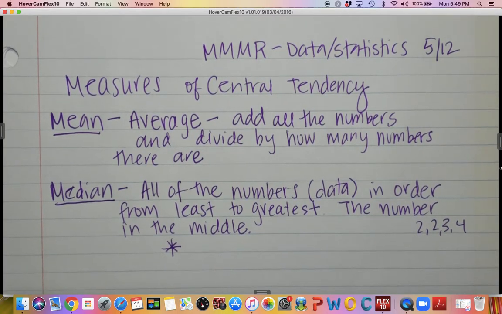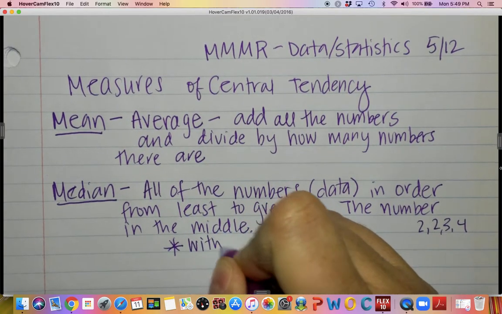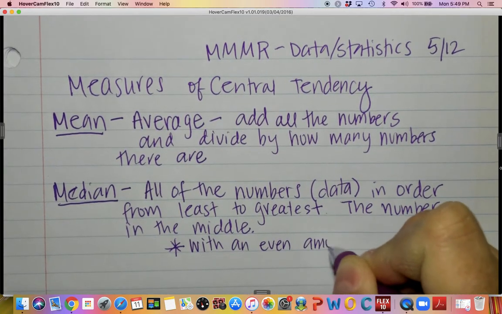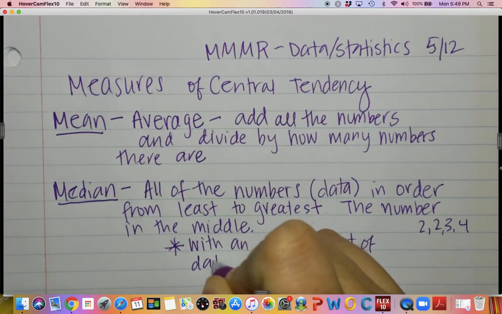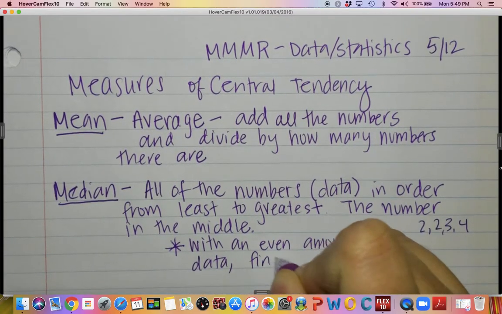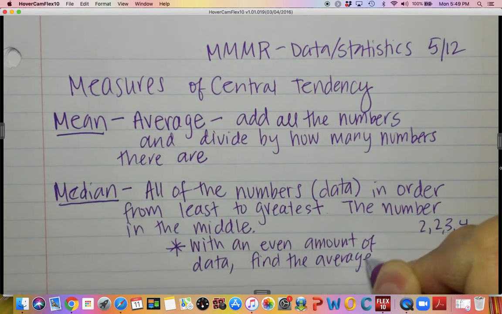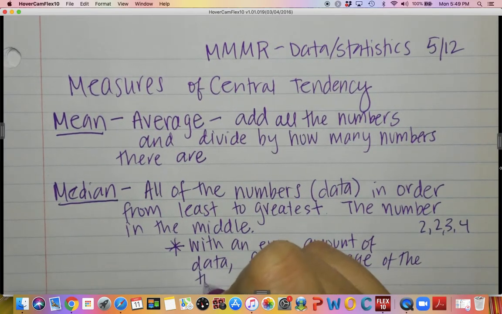There is no number in the middle because it's an even amount. So, with an even amount of data, find the average of the 2 in the middle.